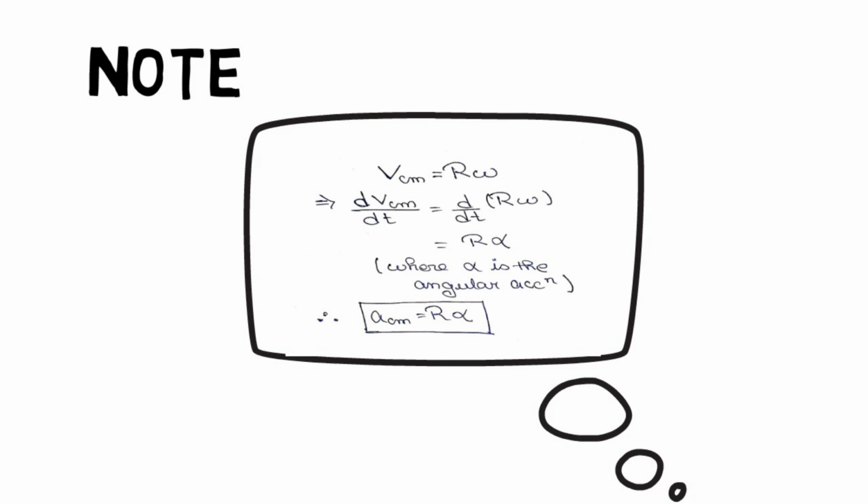We can take the r out of the differentiation because the radius of the rotating disk doesn't change; we can treat it like a constant. So we have d/dt of VCM equals r into d omega/dt. So we finally get ACM equals r alpha.